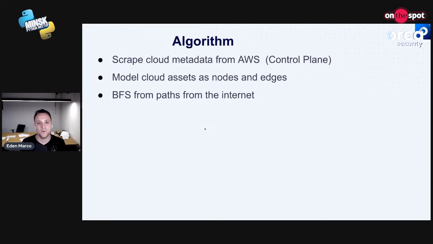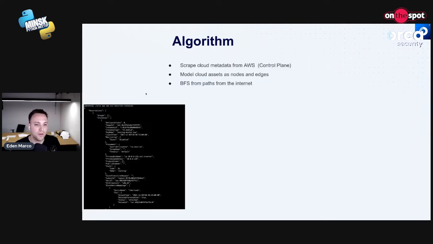So the first thing we want to do is to scrape the cloud metadata from AWS. We call that the control plane. We want to execute AWS commands to get all the EC2 instances, all the security groups, all the load balancers, and then model everything together in our graph as nodes and edges. And the third thing will be to simply run a BFS.